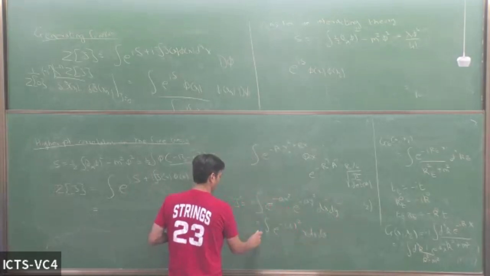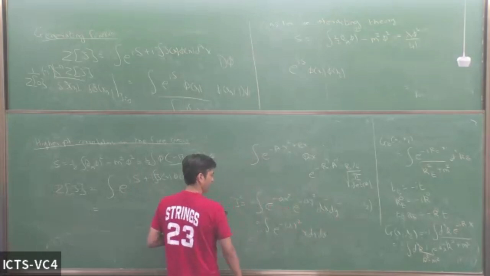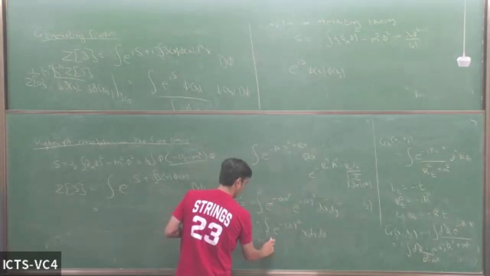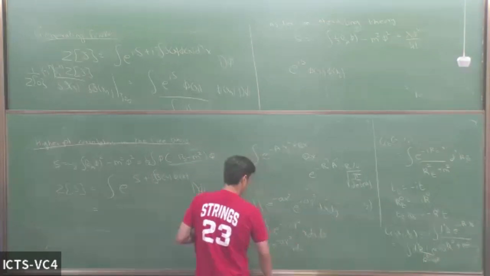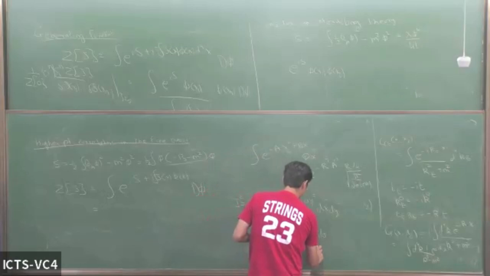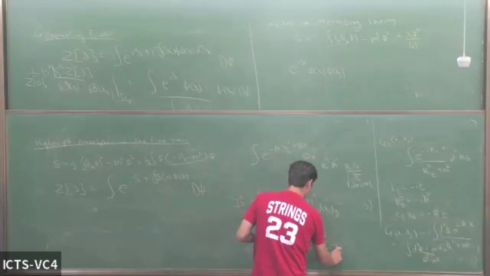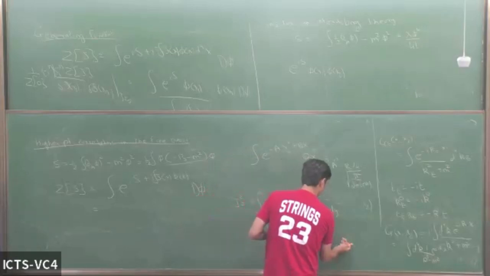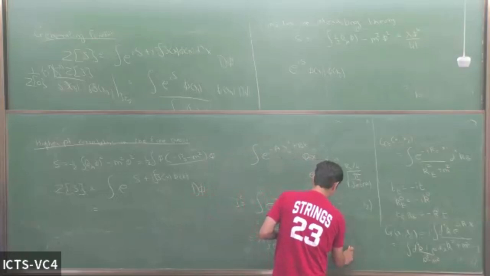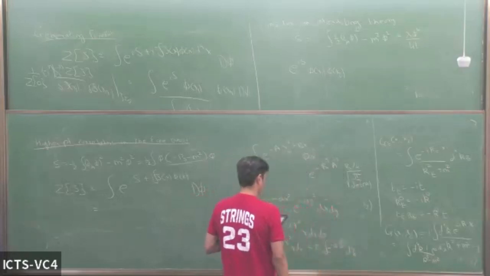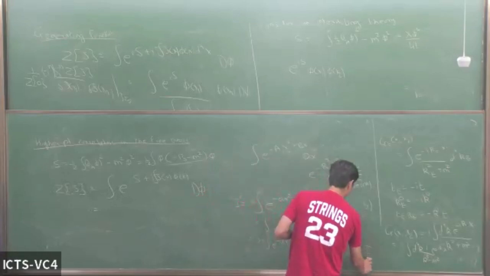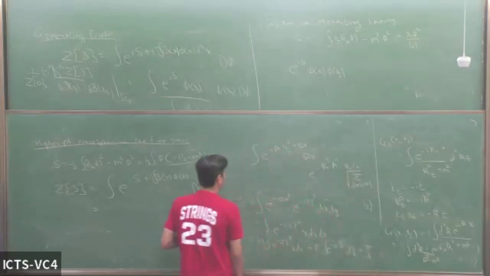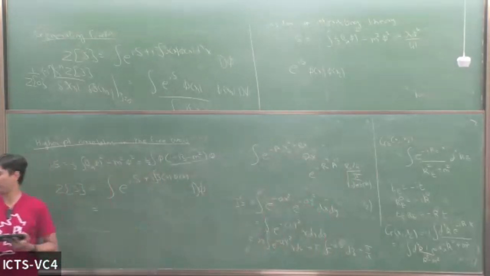So this looks like 2 pi times e to the minus a r squared r dr, which looks like pi times e to the minus a z dz. And indeed, I don't need it. So this just gives you pi by a. Okay, sorry, you're right. I don't need it. What I was writing was correct. Yeah, sorry.